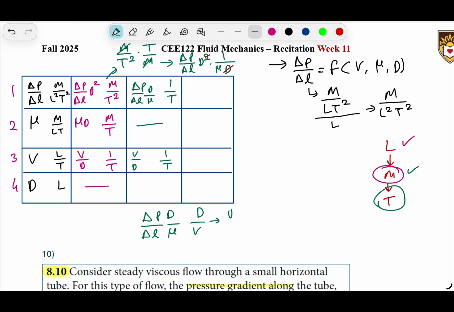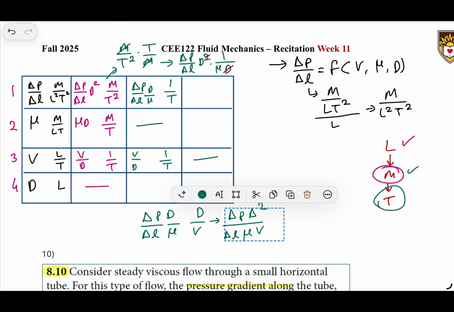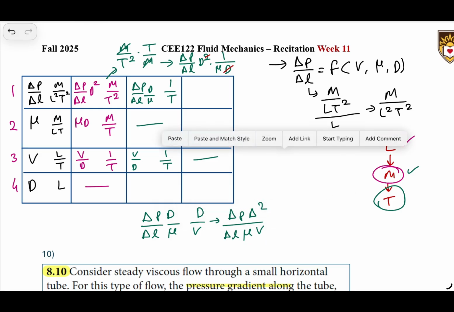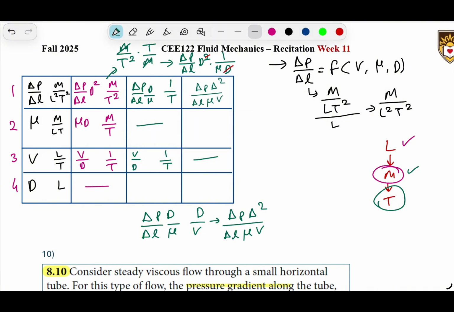It is going to give us delta P d square over delta L viscosity and velocity. And we got rid of that. And this is equal to constant C. So we had one pi group, and this is the pi group we have.